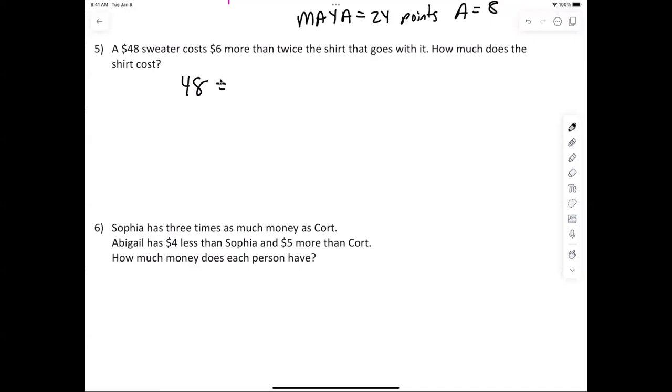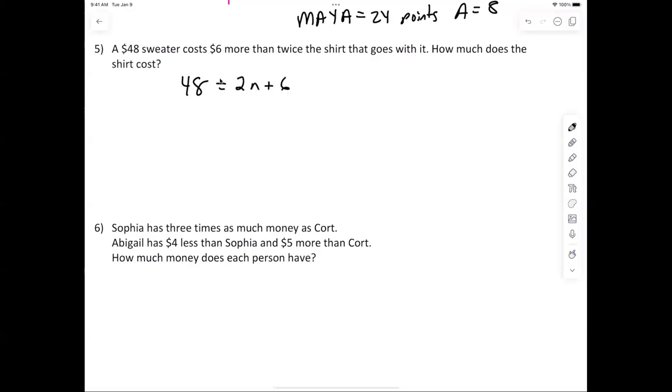How do I write 6 more than twice? 2n plus 6 is perfect.